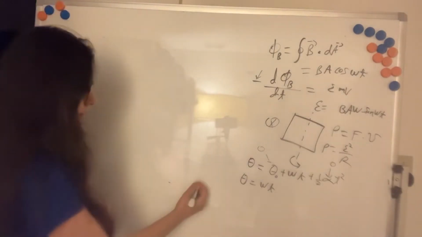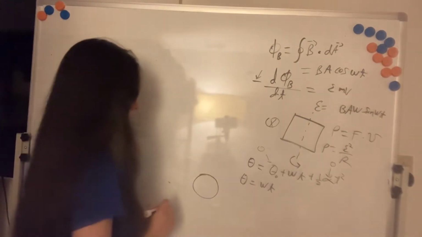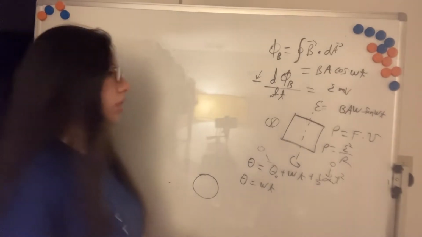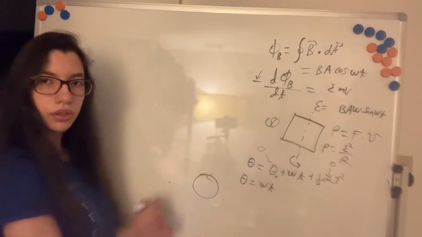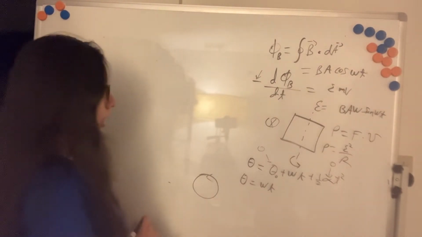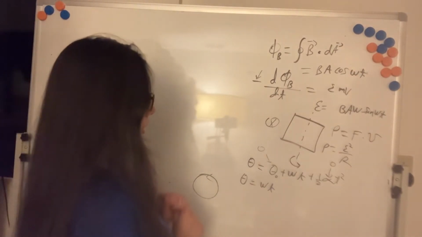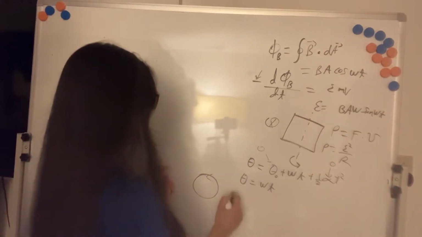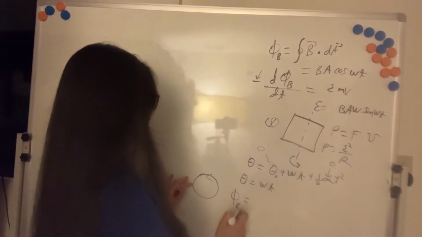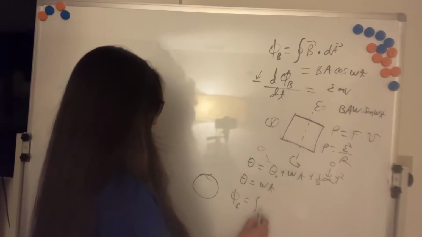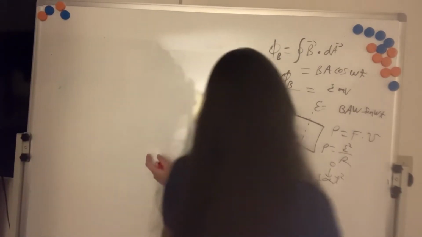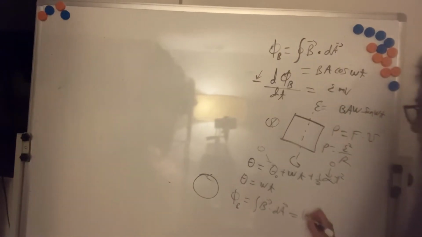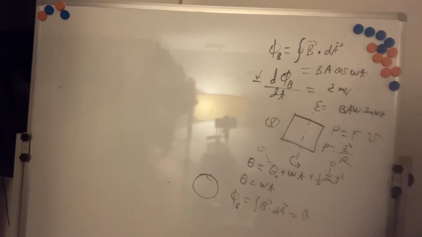Another example is if we have here a circular loop, what would be the power of this circular loop with the current going? So we know that the magnetic flux would be the integral of B dot A. Here we have the magnetic field going whatever direction we choose.